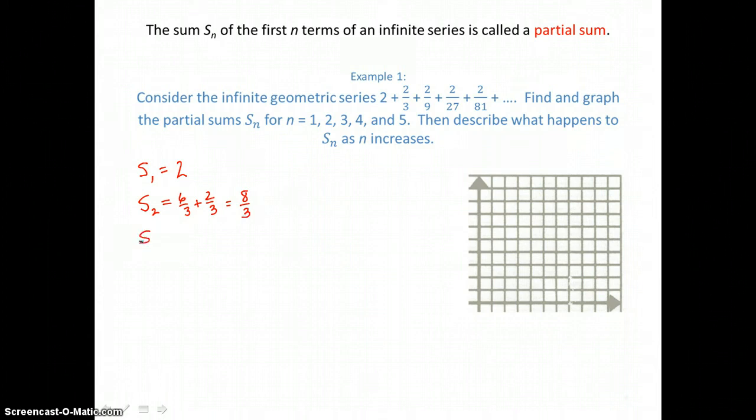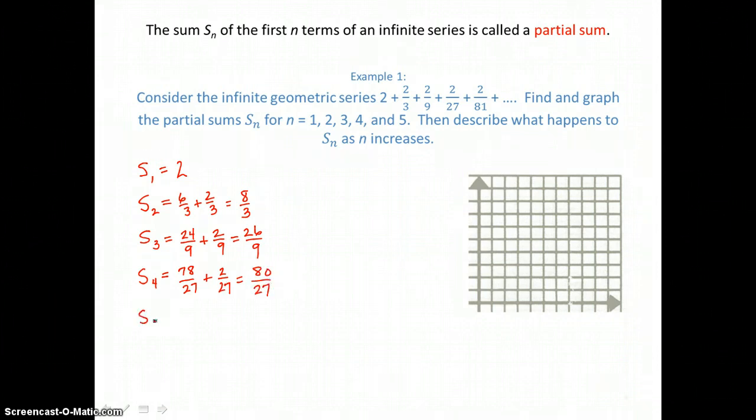S sub 3 is the sum of the first three terms, so 8/3 plus 2/9, or 24/9 plus 2/9, which is a total of 26/9. S sub 4 is the sum of the first four terms, so that's going to be 26/9 plus 2/27, or 78/27 plus 2/27, a total of 80/27.